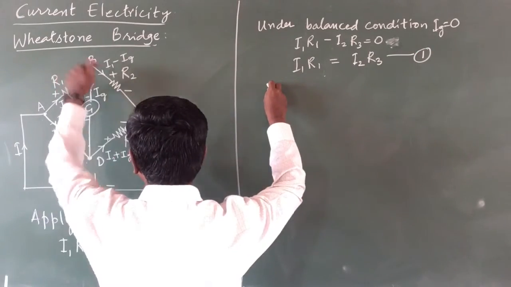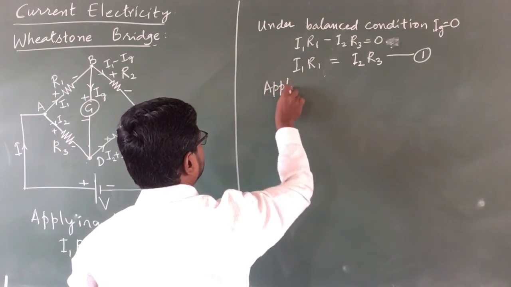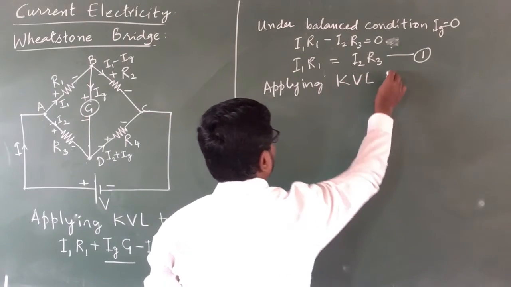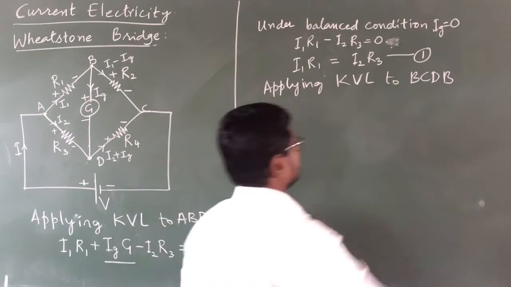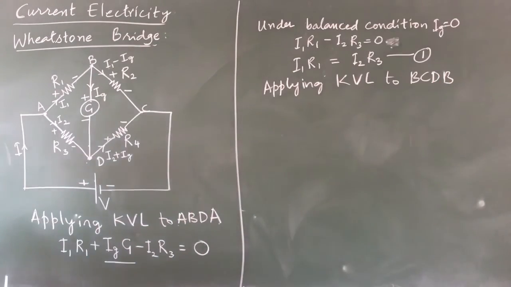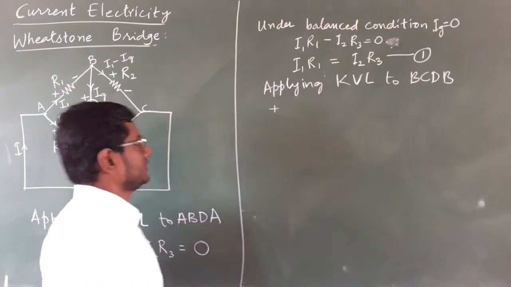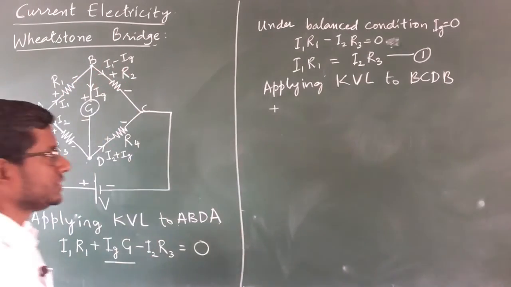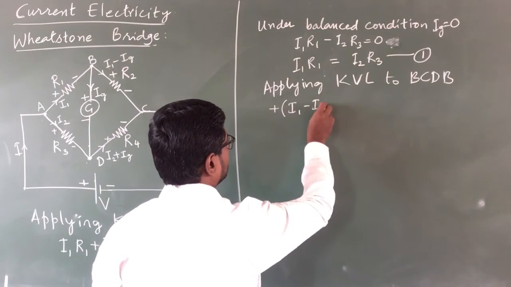Next is the loop B, C, D and B. So applying KVL to B, C, D, B. Going from B to C, what is the first sign I am coming across? It is a plus sign. What is the current flowing there? It is I1 minus Ig. So I will take a bracket, I1 minus Ig.